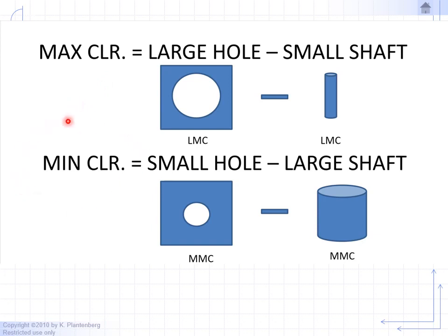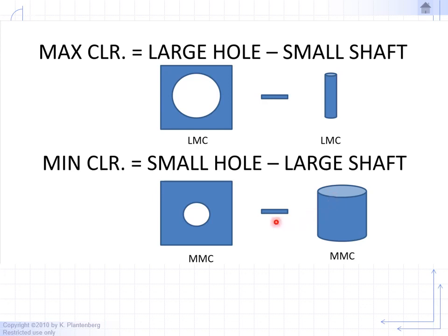Now the minimum clearance will be when you have the MMC, the maximum material condition for the block, minus the maximum material condition for the shaft. In other words, it's just the smallest hole allowed, minus the largest diameter shaft allowed.